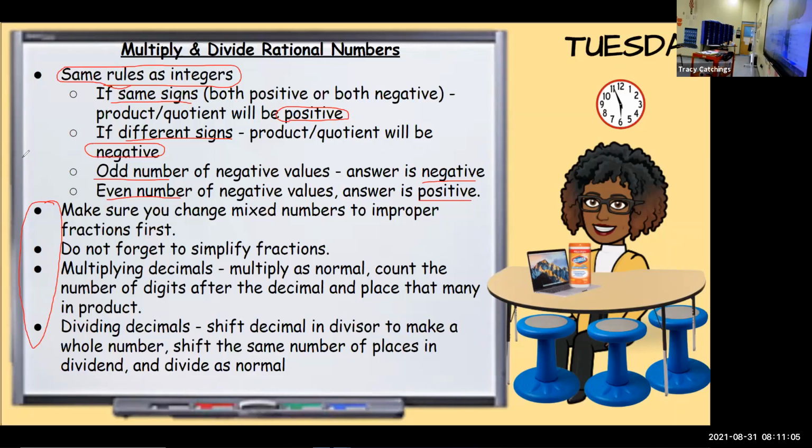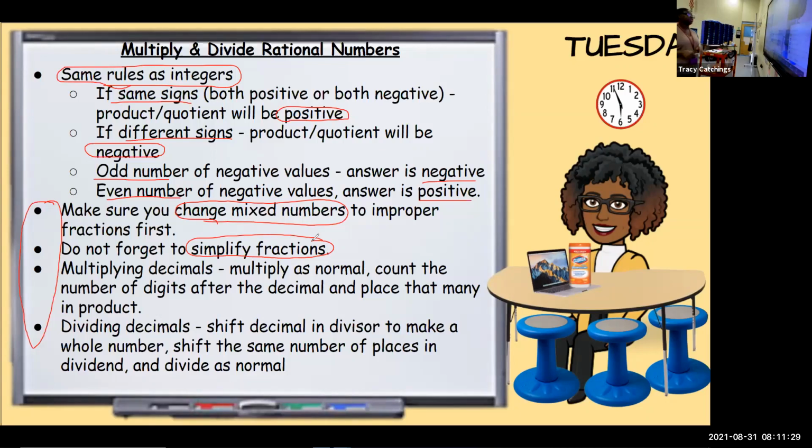All right, this piece at the bottom is things that you should recall from fractions in lower grades. If not, that's fine. The first one tells us to make sure before we start to do any operations that we change those mixed numbers to improper fractions. It also tells us to not forget to simplify fractions. So that means after we get an answer in the end, we still have to simplify that fraction. I gave us a notion to remember how to multiply decimals. Multiply as normal.